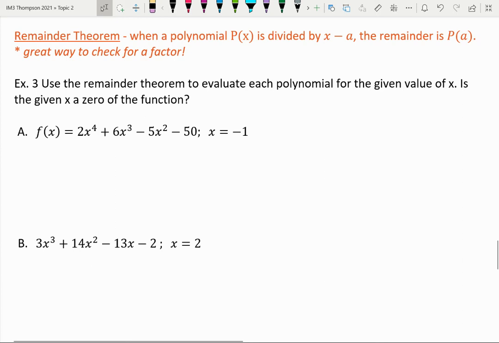The math here is familiar. It's not difficult. It's just applying it and making new meaning out of it.